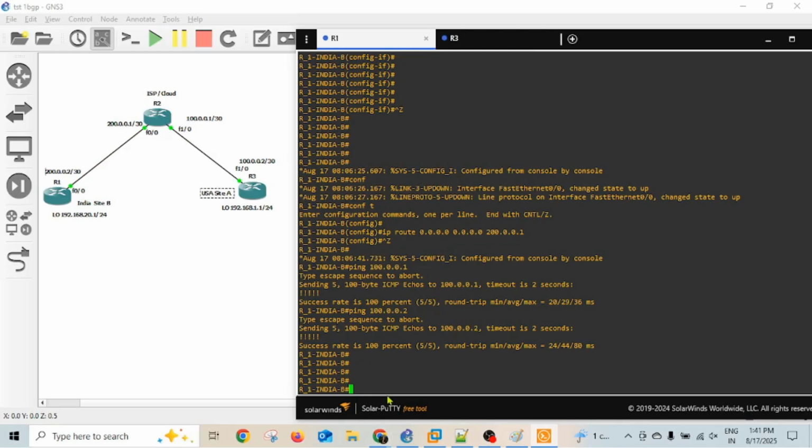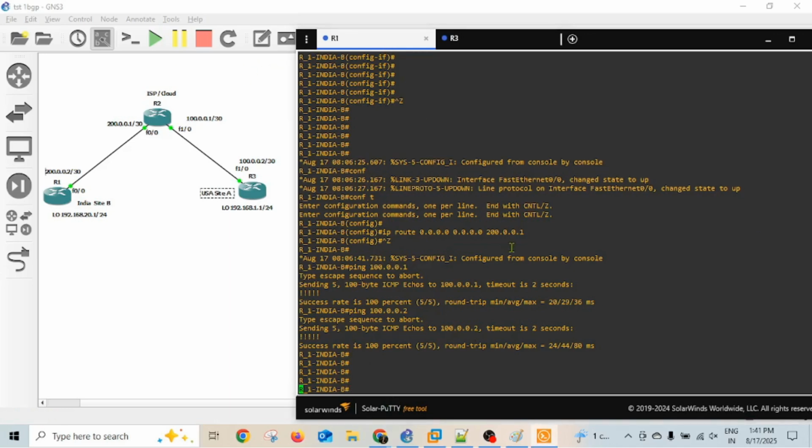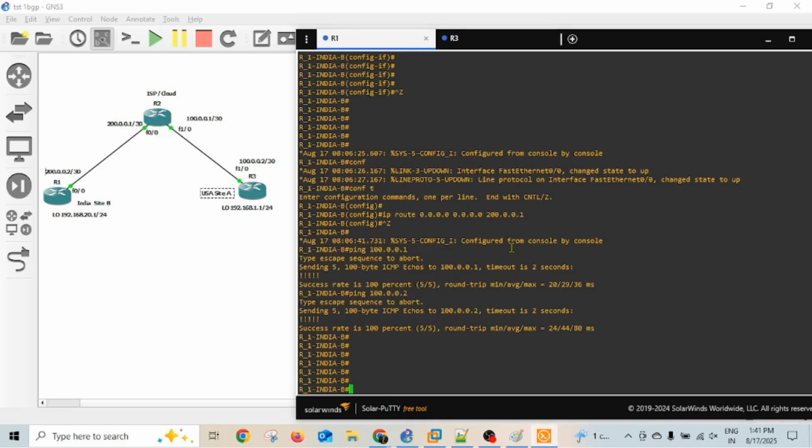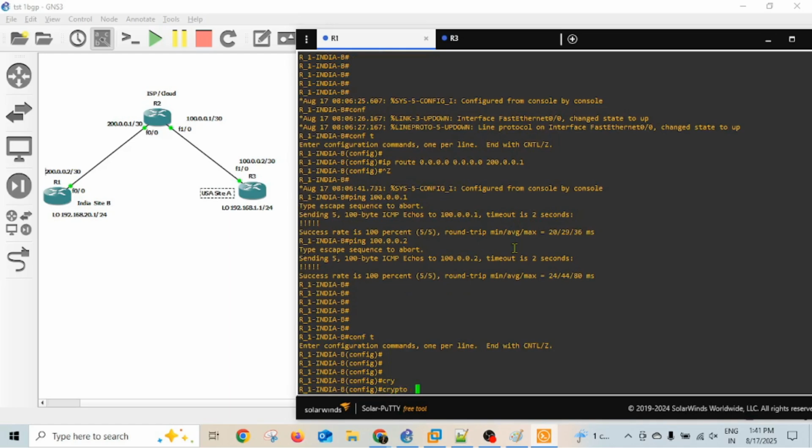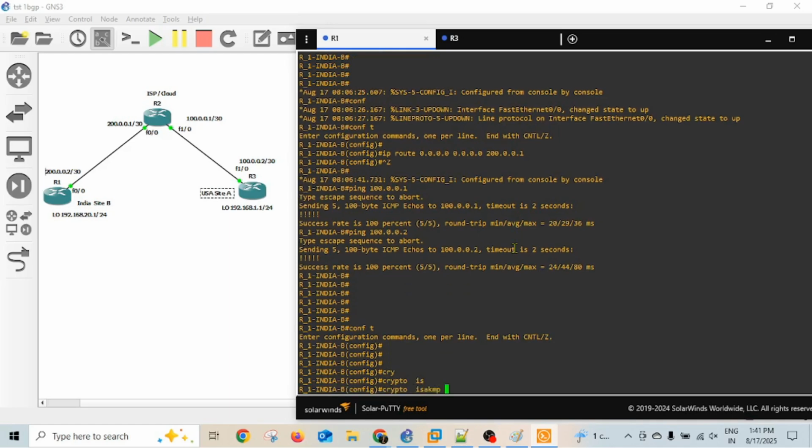So IPsec VPN, I mean router one in India side. So I configure IPsec VPN. So we will use the crypto ISAKMP policy.